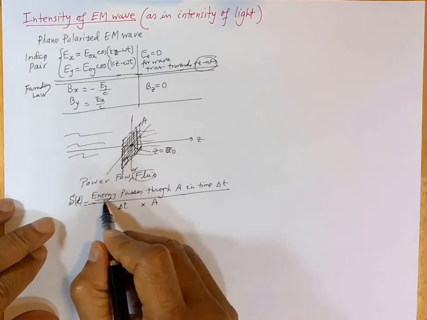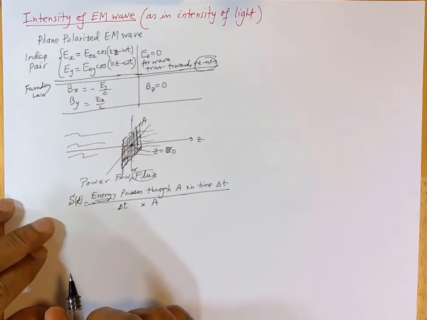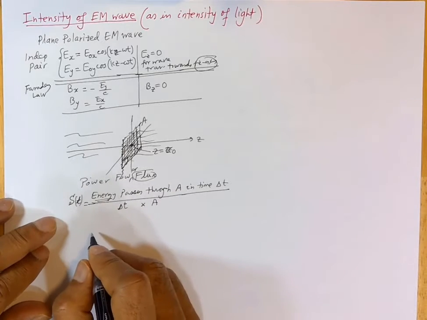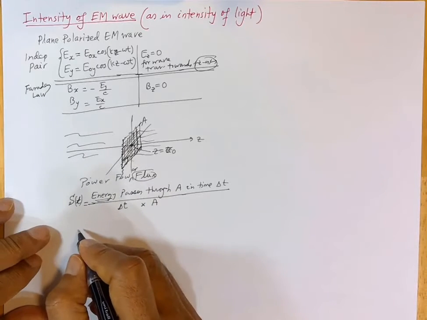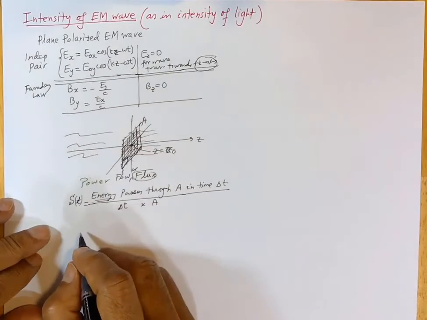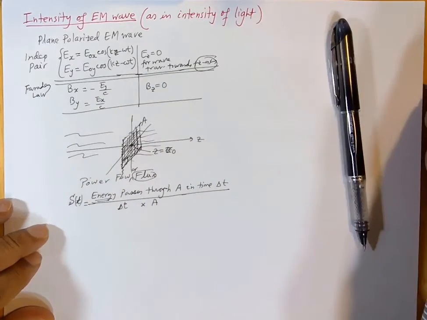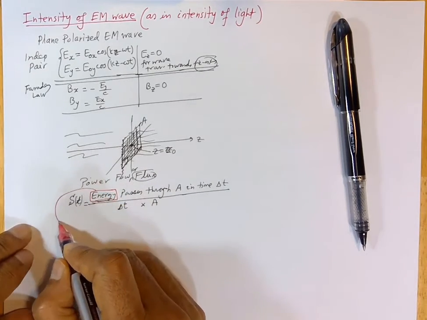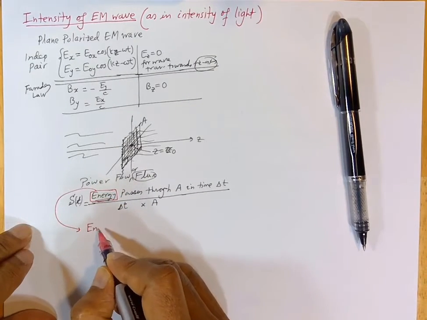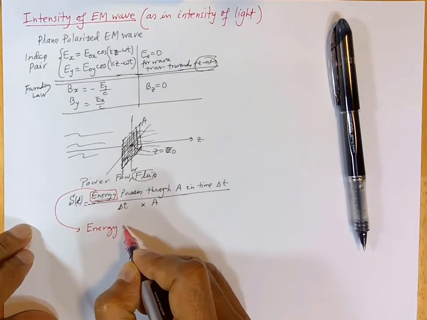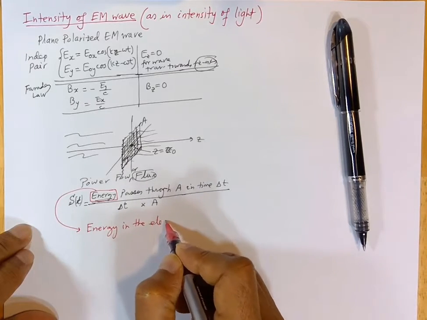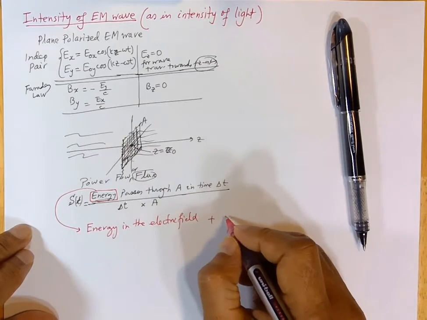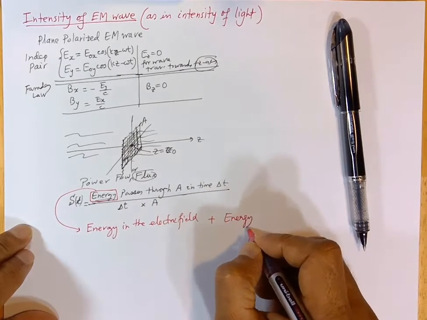That will give me the energy through this. So what's the energy? The energy in a wave will come from the energy in the electric field plus the energy in the magnetic field.